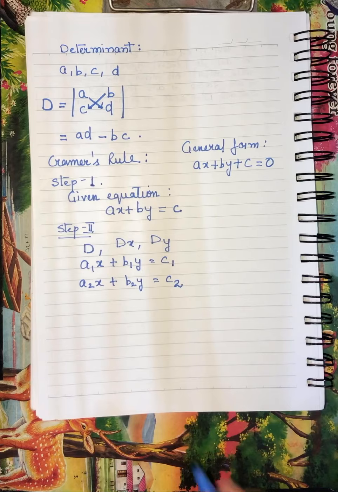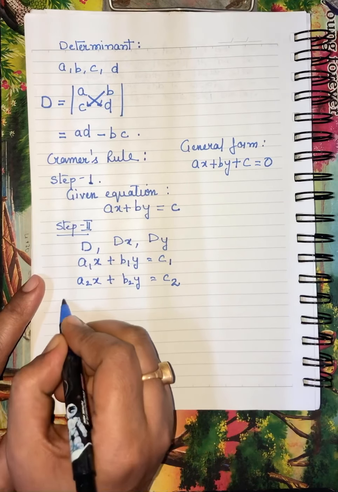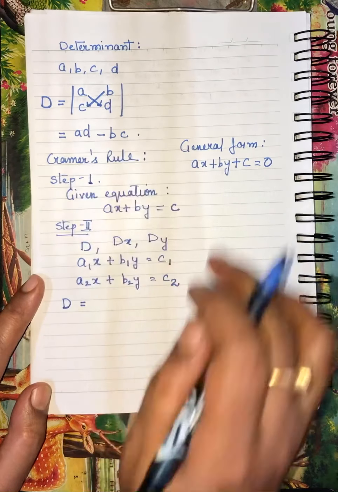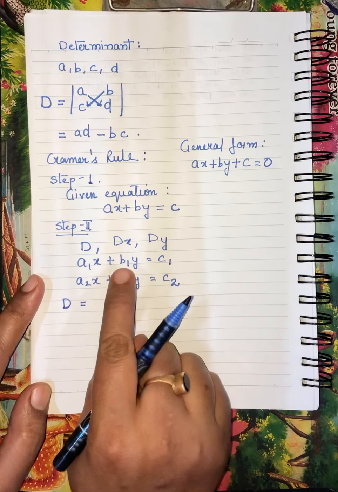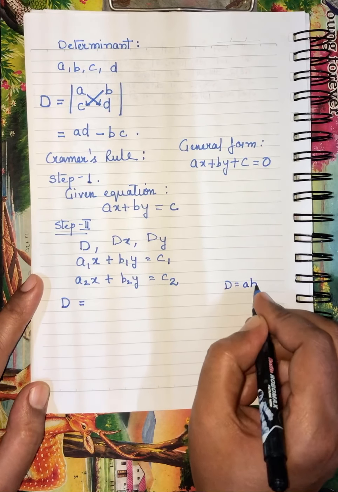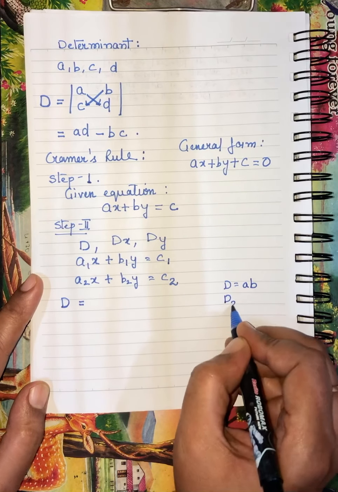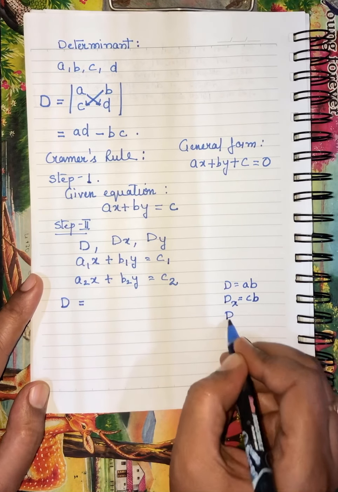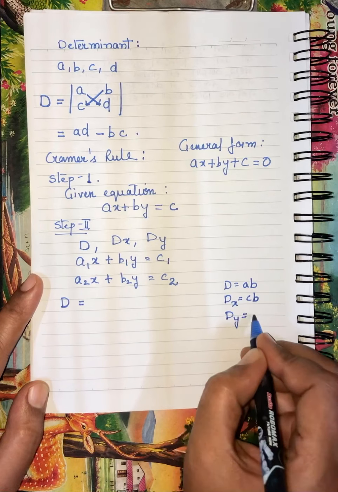So d can be written as in the manner of the determinant as AB. D belongs to AB, dx belongs to CB, and dy belongs to AC.